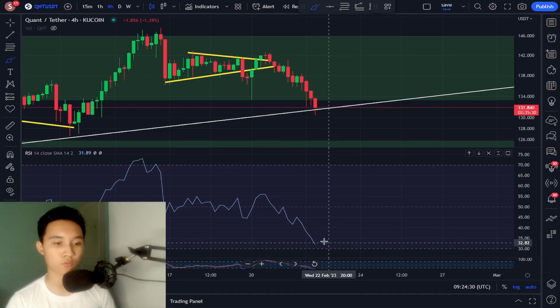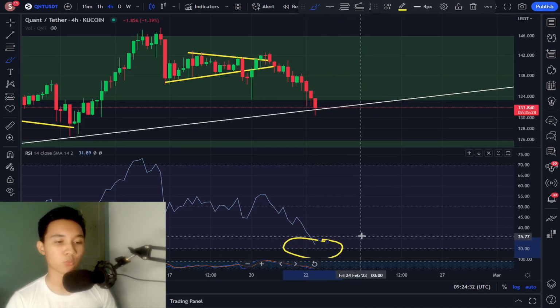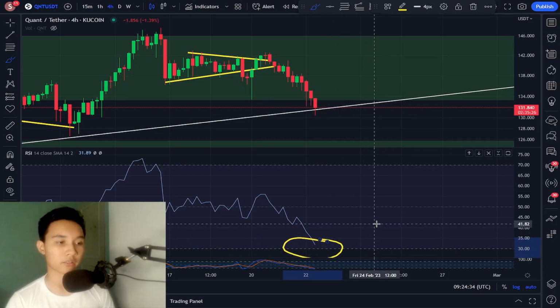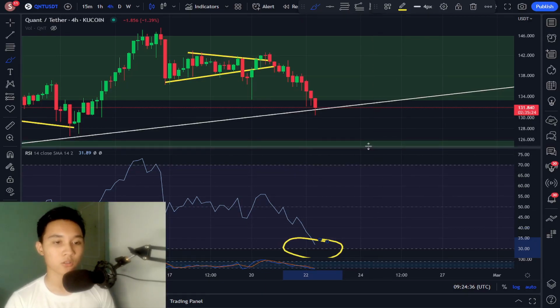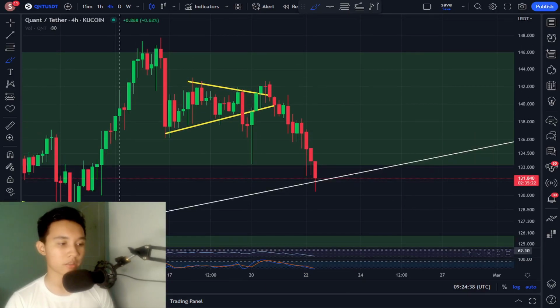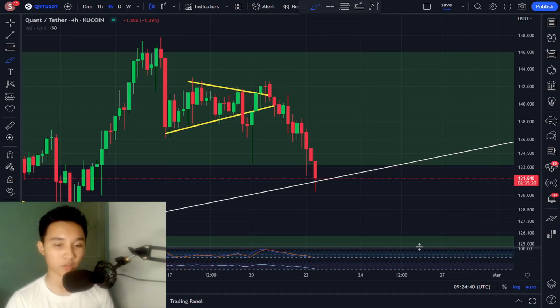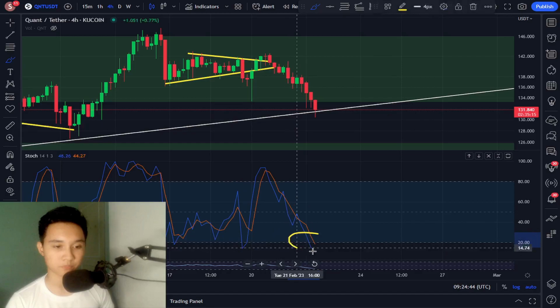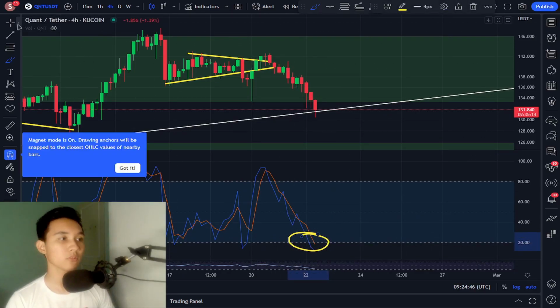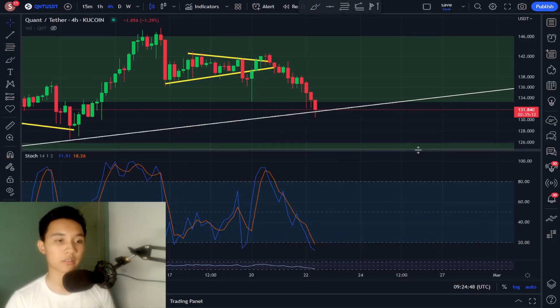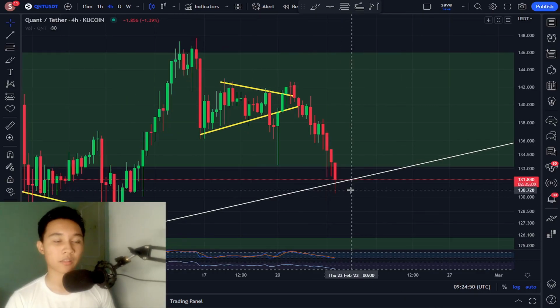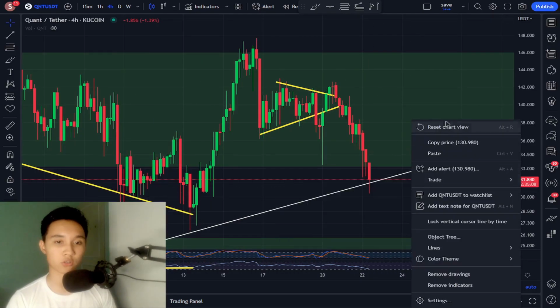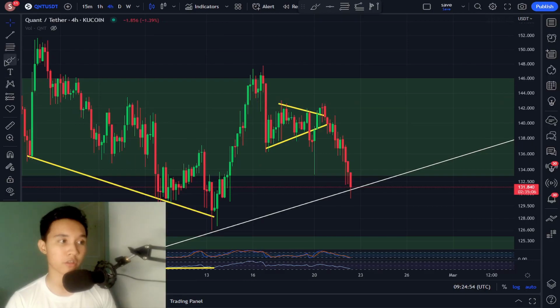Yes, this is the oversold area, and we are about to touch that area right there in the RSI. And if we pull up the stochastic, we have also touched the oversold area right here. So this is simply indicating that we may be expecting a short-term bounce to the upside.